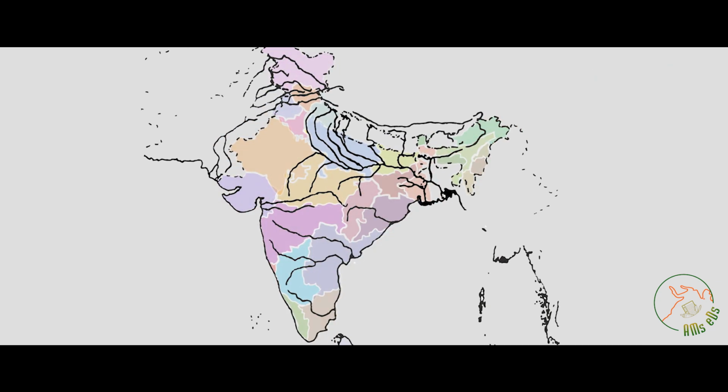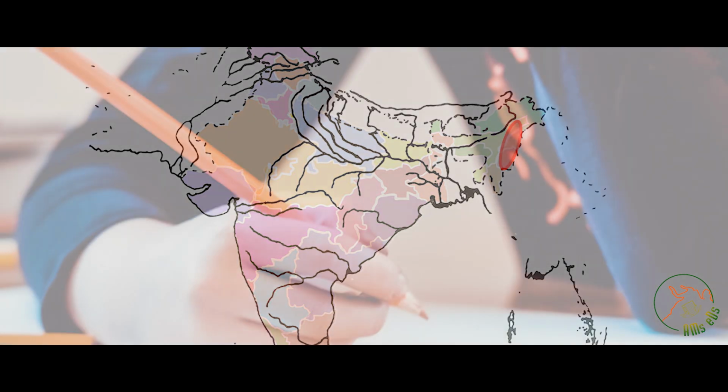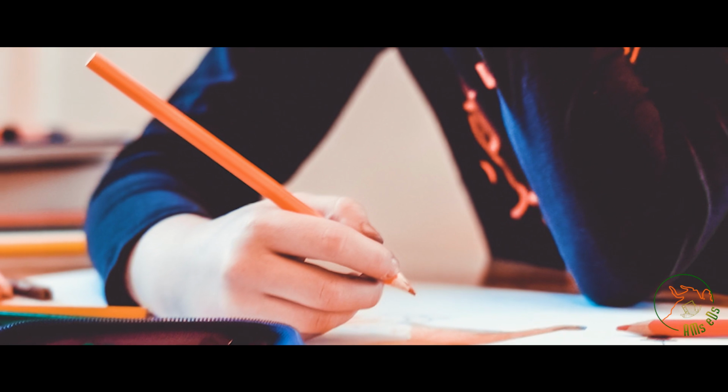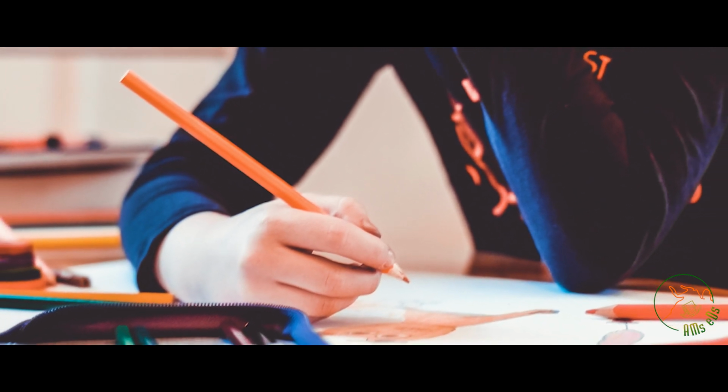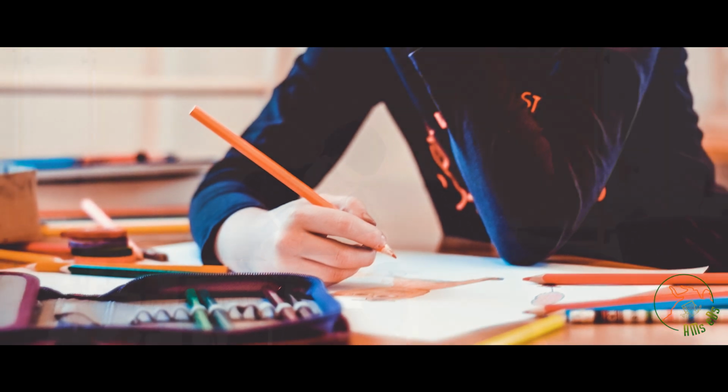Now here, we can shade the region between the rivers Mahanadi and Godavari. In the eastern end, it can be the region to the left of the Brahmaputra. So, according to the question, we need to shade the relevant region with reference to the distribution table.